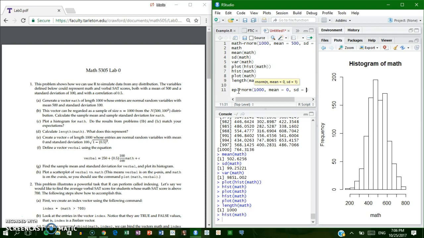How are we going to type this? The same way you type something in a calculator, that's how you need to type it in R. If you type it the wrong way, you're going to get the wrong answer.